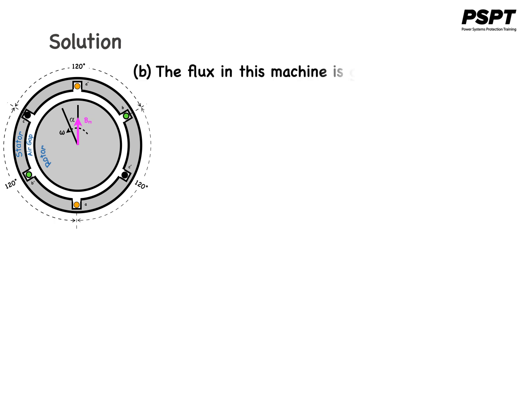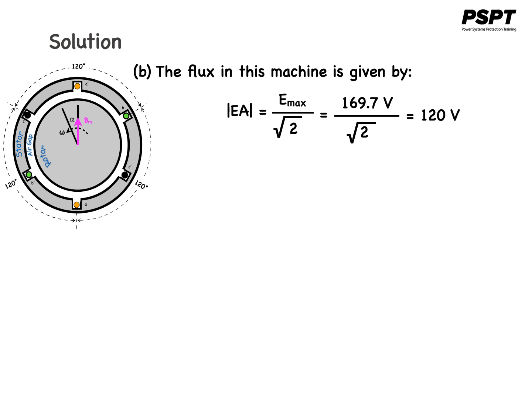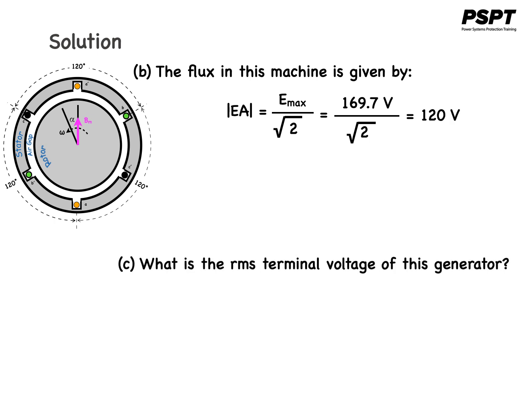The RMS phase voltage of this generator is going to be Emax divided by the root of 2, which is 169.7 divided by the root of 2, which equals 120 volts. And what is the RMS terminal voltage of this generator?